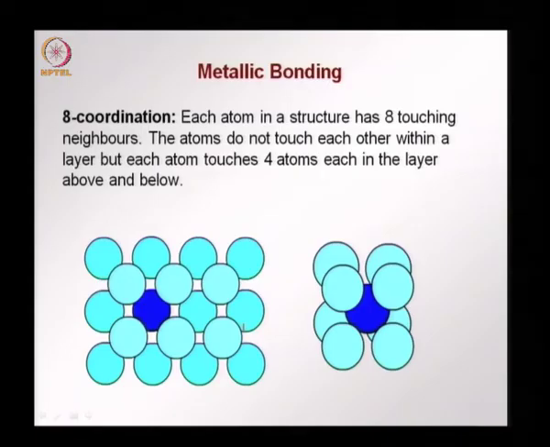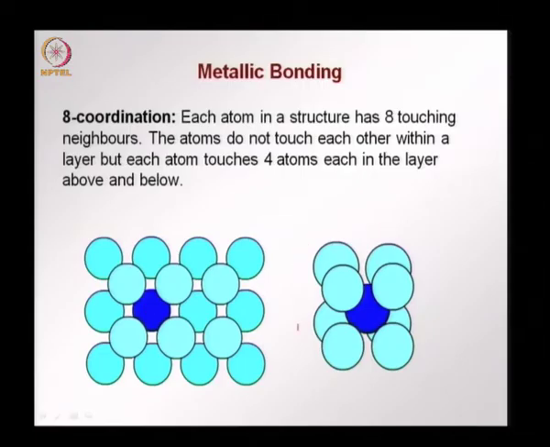Another configuration which also gives rise to a densely packed structure is the 8 coordination, where each atom has 8 neighboring atoms touching it. So, in one plane you have the atom, and on the plane above and below it you have 4 atoms touching this atom, denoted here in dark blue.